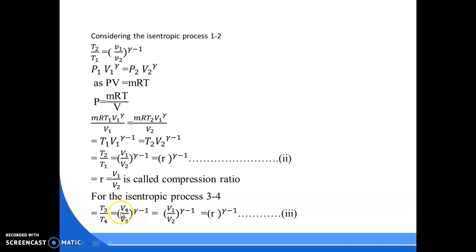In place of V4, I can write V1, and in place of V3, I can write V2. So we get (V1 by V2) to the power gamma minus 1, and V1 by V2 is the compression ratio, denoted as r. So T3 by T4 is r to the power gamma minus 1. Clear? I put this as equation number 3.